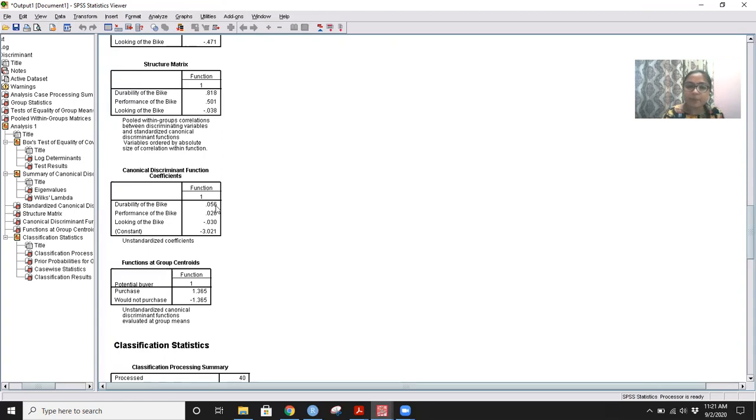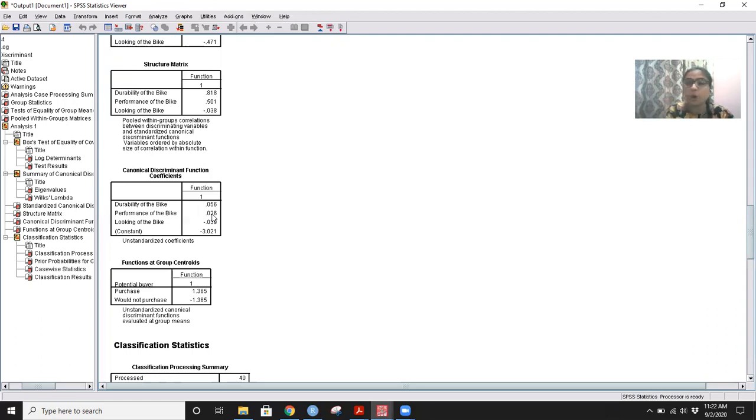Now let's see what is happening. Durability has 0.056, which is the highest, then 0.026 with performance, then 0.03 with looking. That indicates the order in which the independent variables are more important to your analysis. Now, this is the point at which we make our discriminant function: Di equals alpha plus beta 1 x1 plus beta 2 x2.